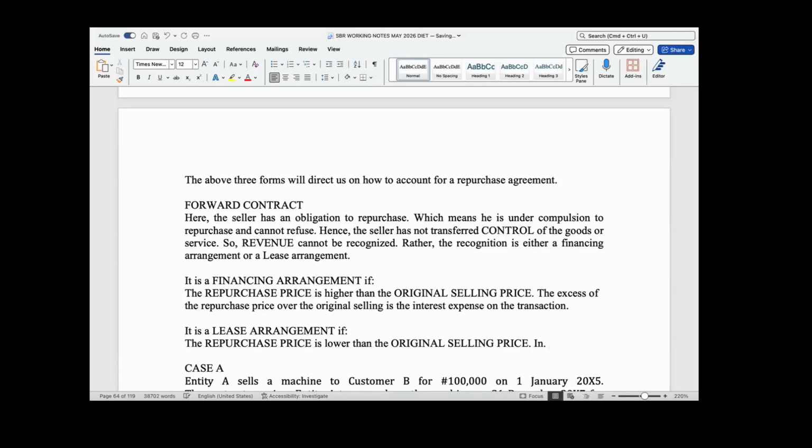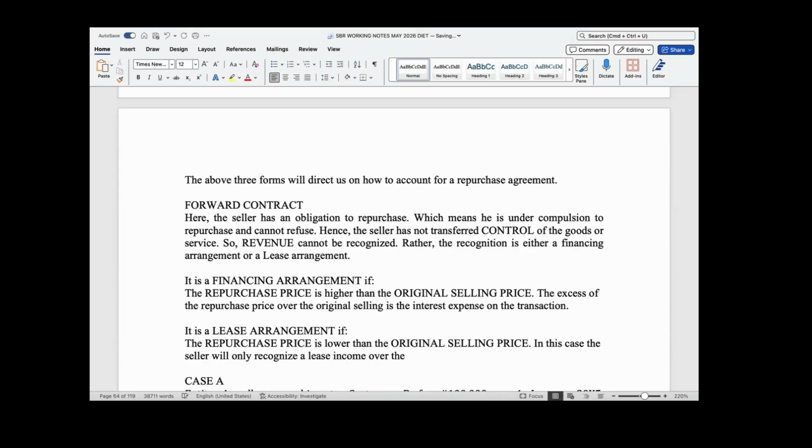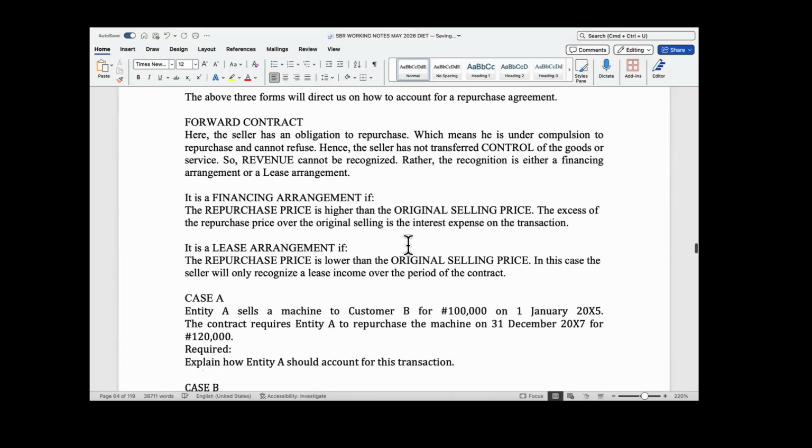In this case, the seller will only recognize a lease income over the period of the contract. So how much and all of that? I'll show you with an example now.